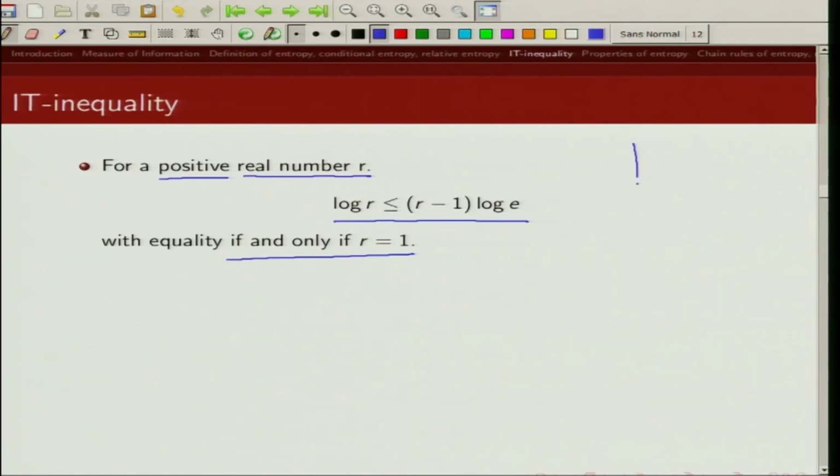If you plot this, log of r is defined for r a positive real number, so it would be something like this. At r equal to 1, log of r is 0, and the line is r minus 1, with slope log of e.